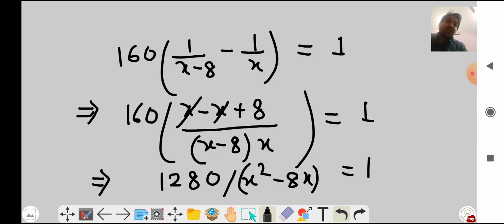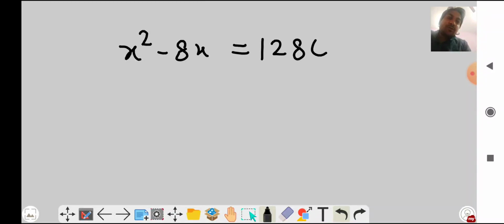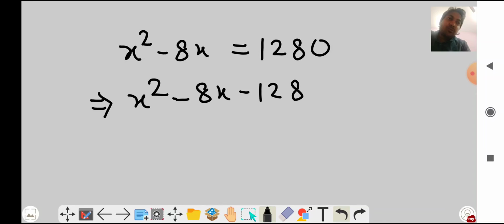Or you can say x square minus 8x is equal to 1280, and from here we can write x square minus 8x minus 1280 equals 0, right?